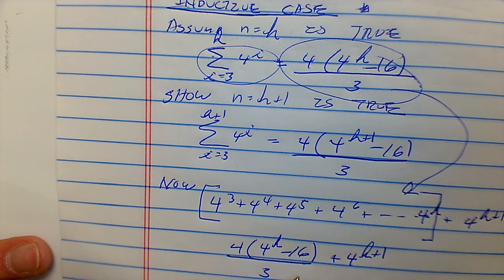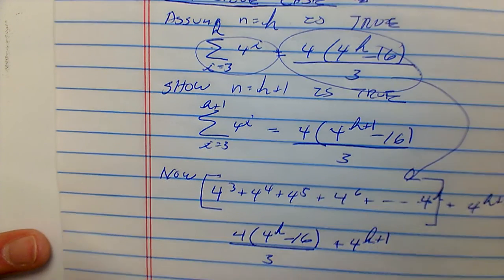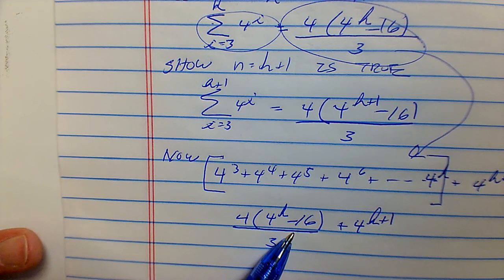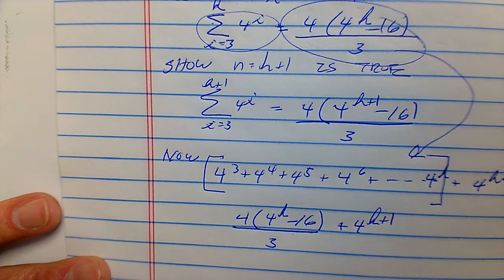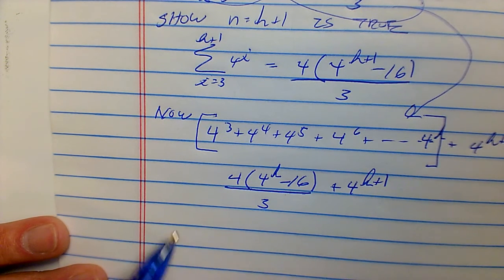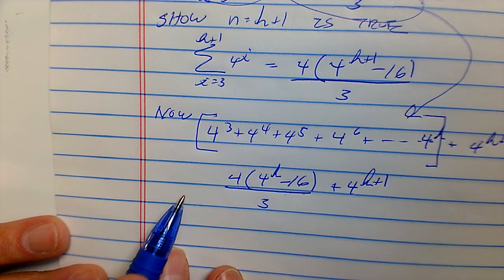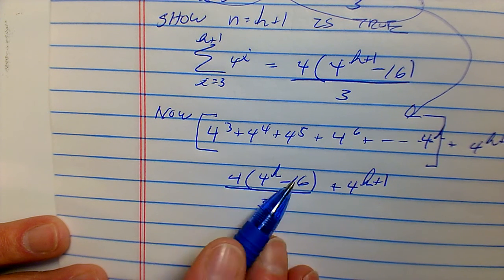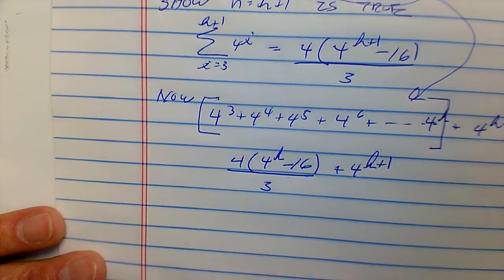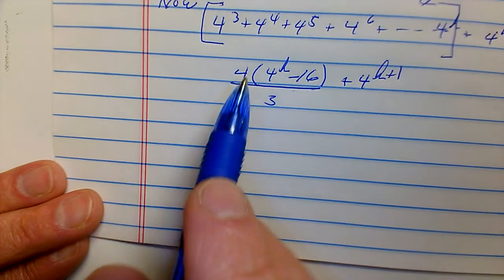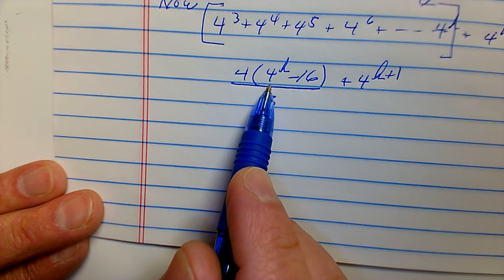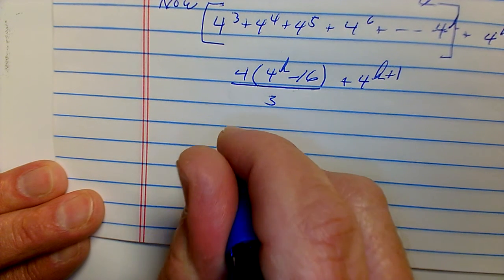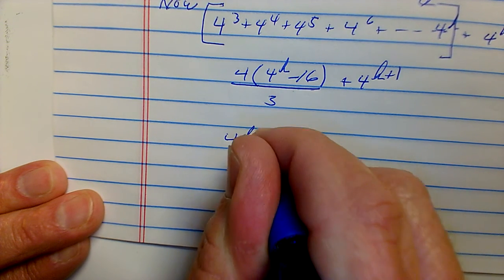And what we have to do is show that this expression that we've just gotten here is the same thing as this. So once again, we're going to have to add these two things together, so we need a common denominator. Here, let's multiply these together. 4 to the first times 4 to the k is going to give you 4 to the k plus 1.